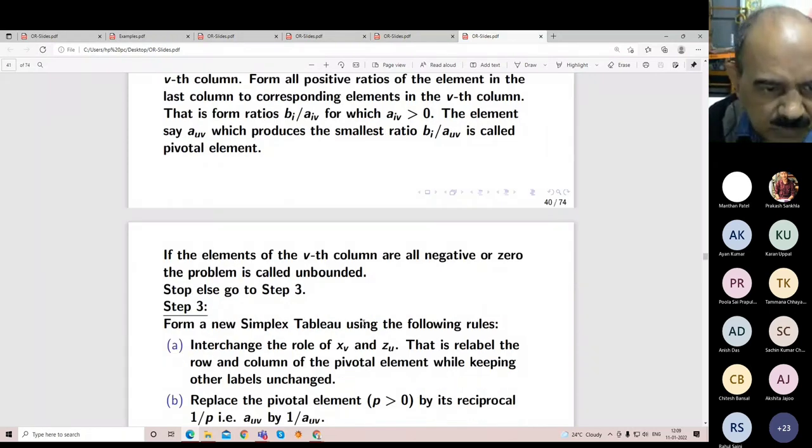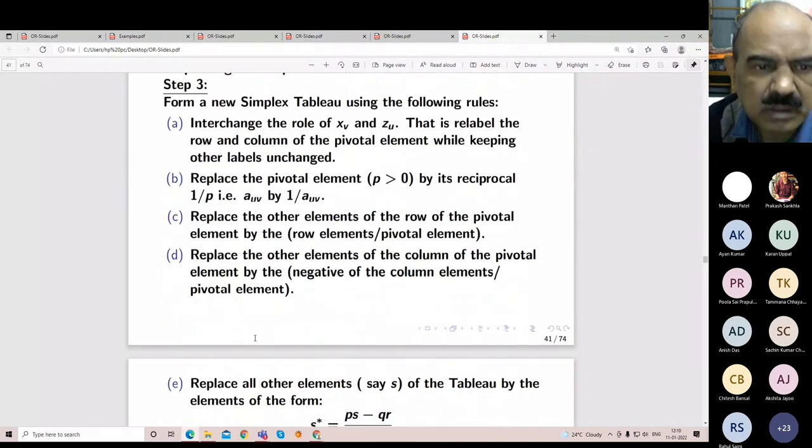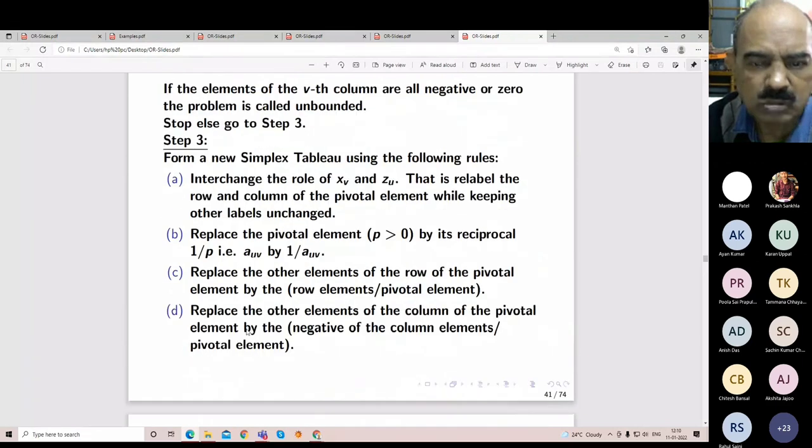What is the step 3? So step 3, there are several sub-steps like A, B, C, D, E. So what we should do? We'll discuss one by one. In step 3A, interchange the role of XB, which stands for a non-basic variable, and ZU, which stands for a basic variable.